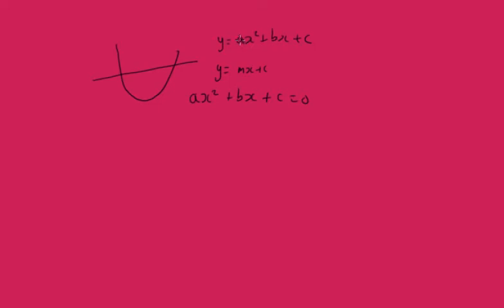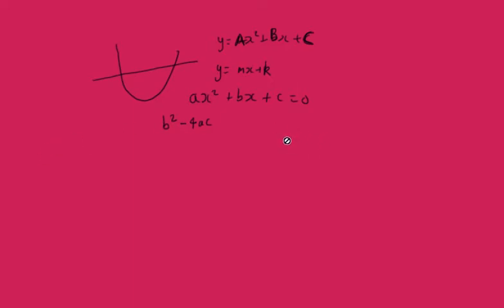I'm going to call it big A, big B and big C, because these A, B's and C's will be different, and I'm going to call that K. When you do the simultaneous equation, you then get an equation in this form, and if we use b squared minus 4ac, we can learn information about the curve.